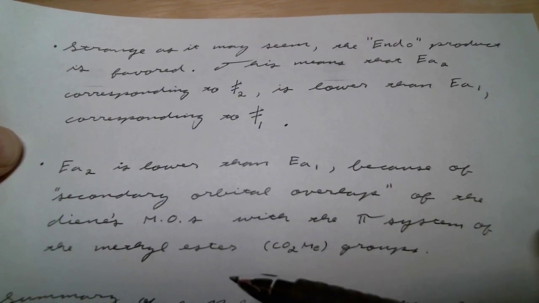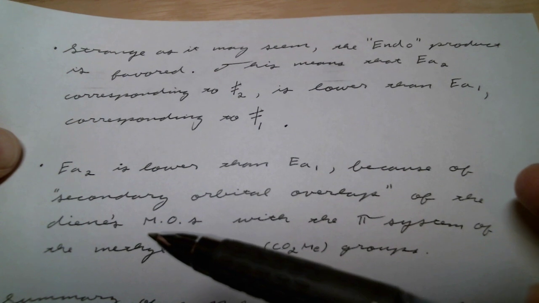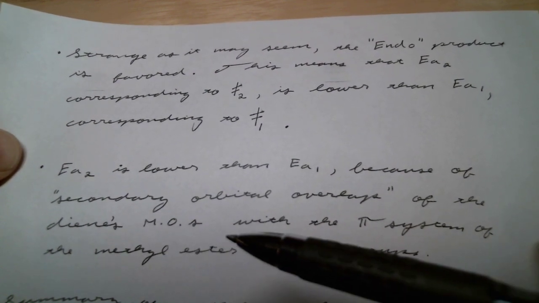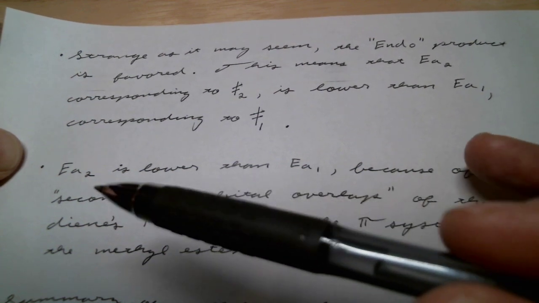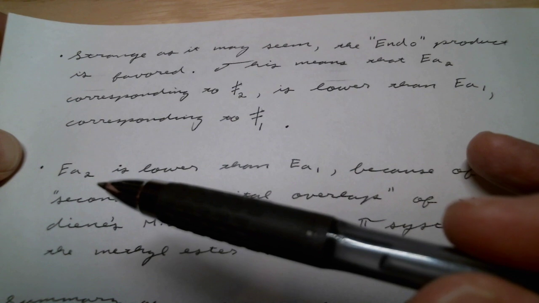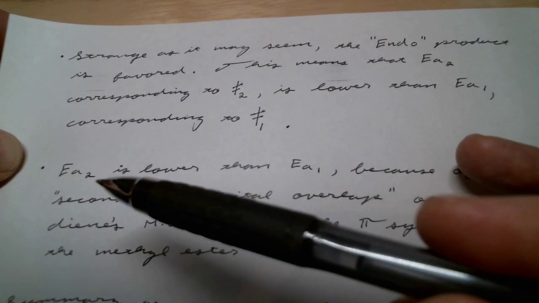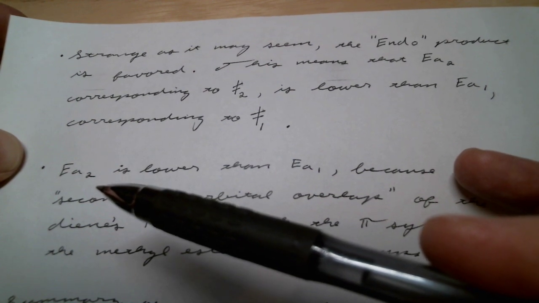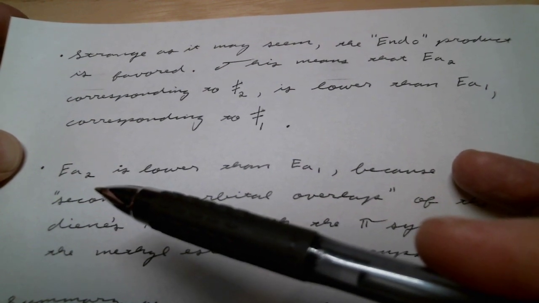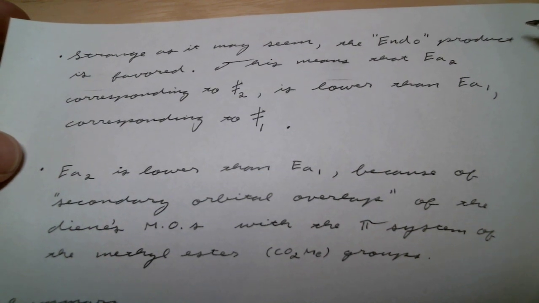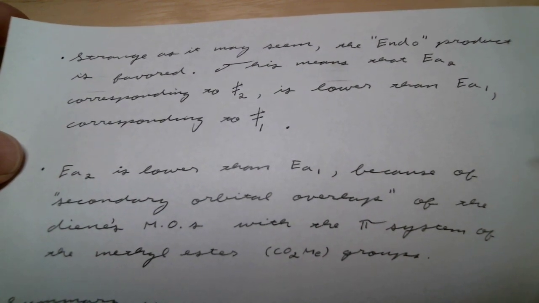So that pi system of the methyl ester overlaps with some of the diene's molecular orbitals. And that has the effect of lowering the transition state for having that endo configuration versus the exo. And if that endo configuration transition state is lower, well, the reaction goes faster. And that's why we end up with more endo product than exo product. And so we've come to call it the Endo Rule.